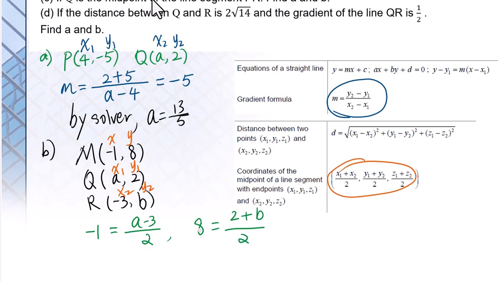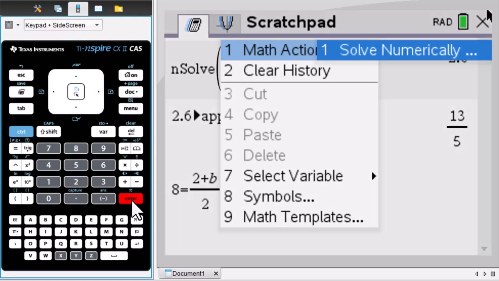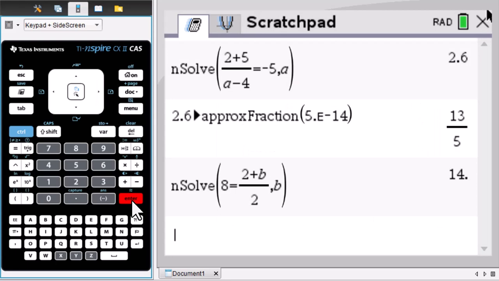We will use equation solver. By solver, 8 equals control divide 2 plus b over 2. Control menu, enter, enter. b equals 14.